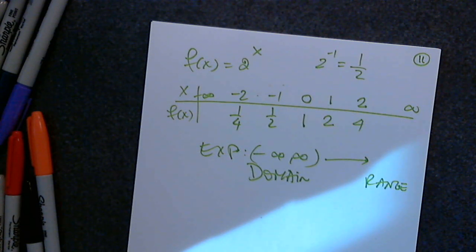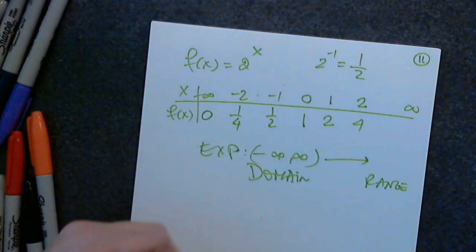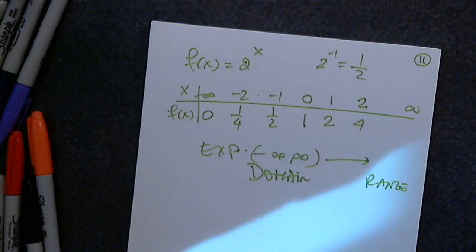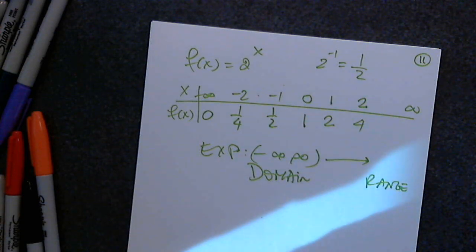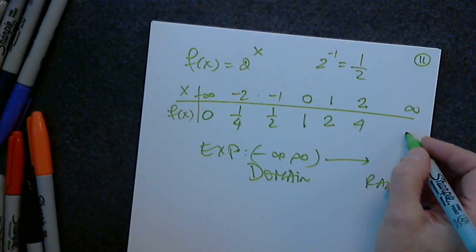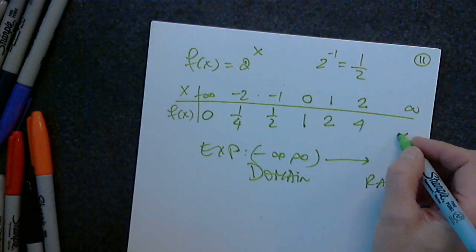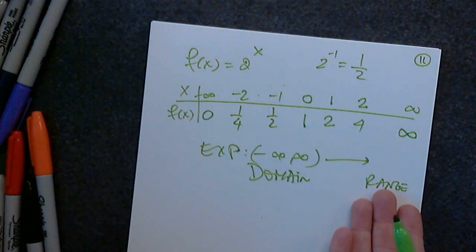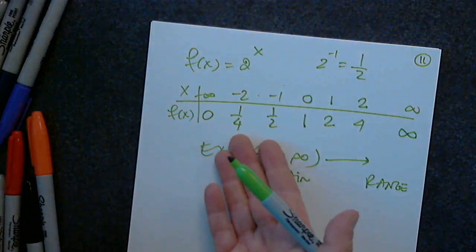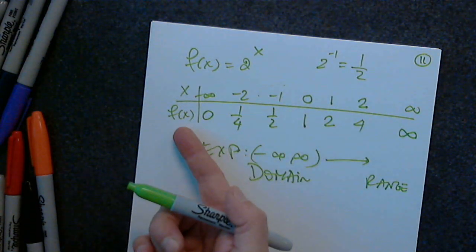Excellent. That's exactly it. Now this direction. 2, 4, 8, 16, 32. Where is it going? Infinity. Excellent. So can anyone tell us the range now? I want to put it in here. Careful. We're talking about the function values.